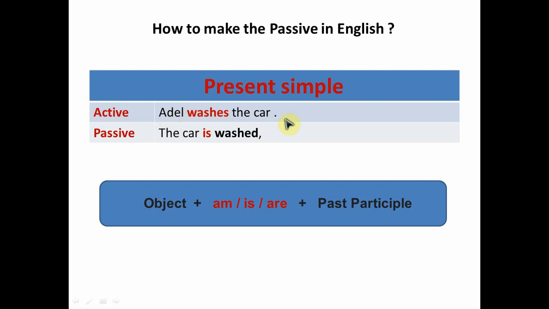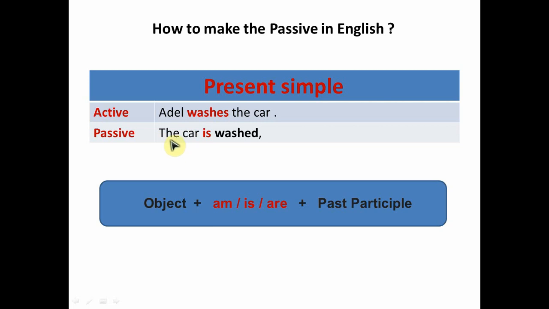Adil washes the car. Okay, can you follow the steps and make it? Yeah, firstly we have to identify the subject, the verb, and the object. Okay, Adil is the subject, washes is the verb, the car is the object.